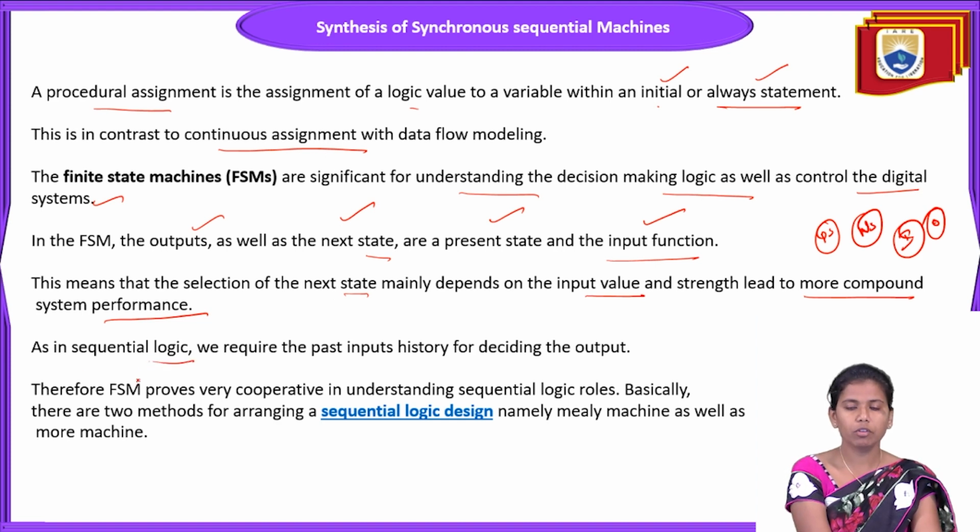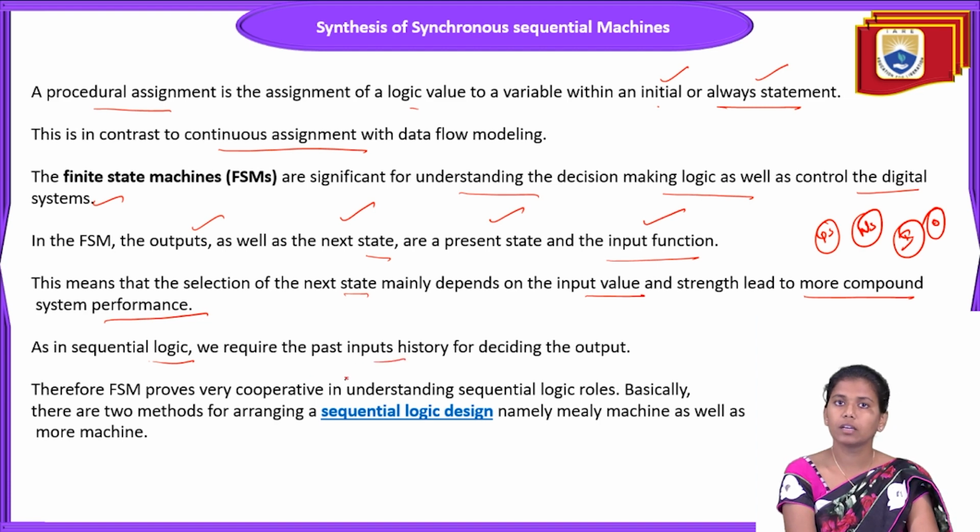And then in a sequential logic, we require the past input history. The sequential logic contains past outputs and past inputs as well. So the sequential logic requires past input history for deciding the output.